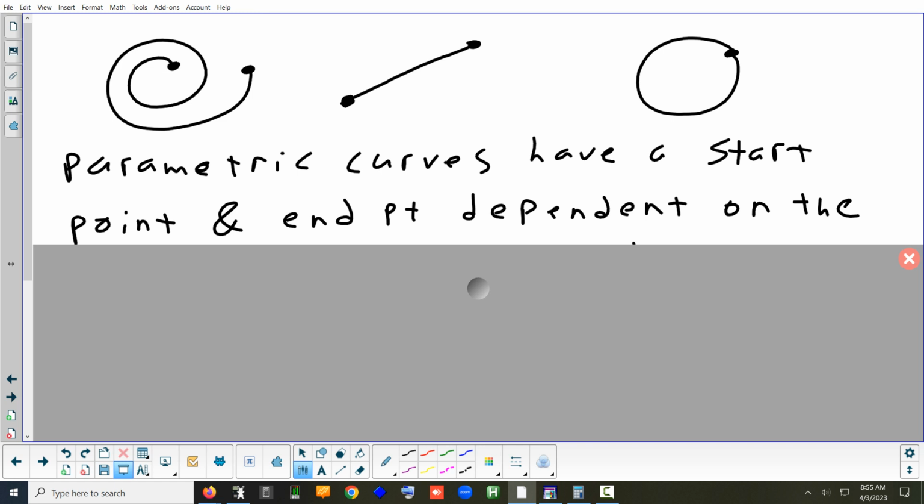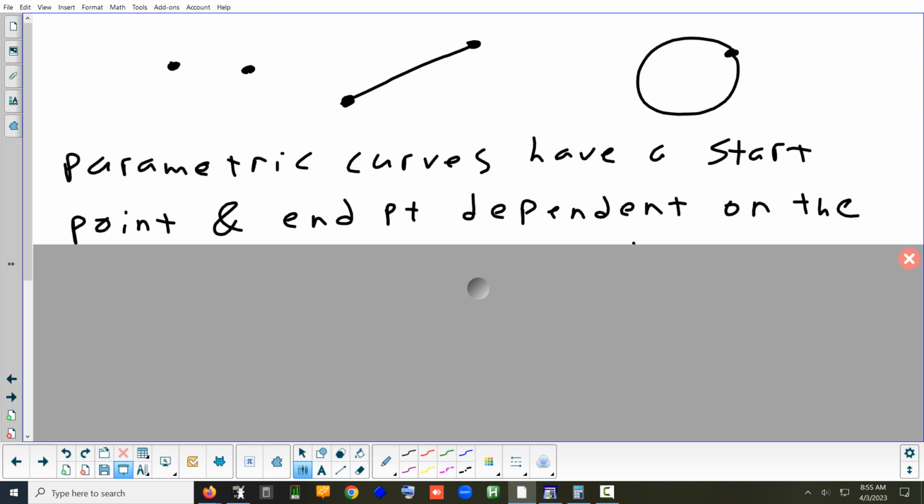But just because you know where it starts and stops, that doesn't necessarily tell you how to get from the start to the stop. Because if I just gave you these 2 points, like this, you have no idea that that was a spiral. Right? You can't really tell just because you know where it starts and stops.